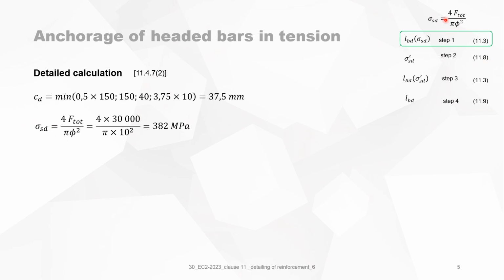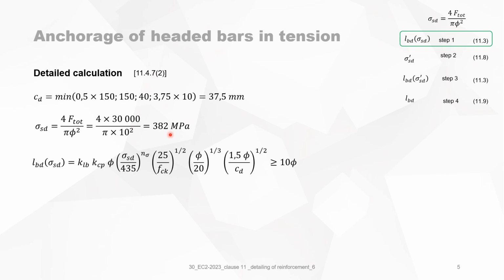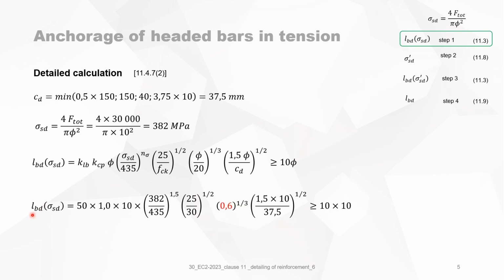Sigma SD, the first step, is of course the total force that we want to transfer divided by the cross section, which gives you 382 megapascal. The straight anchorage length for this tensile stress, we get when we use the formula 11.3 and fill in the different KLB and KCP and so on.